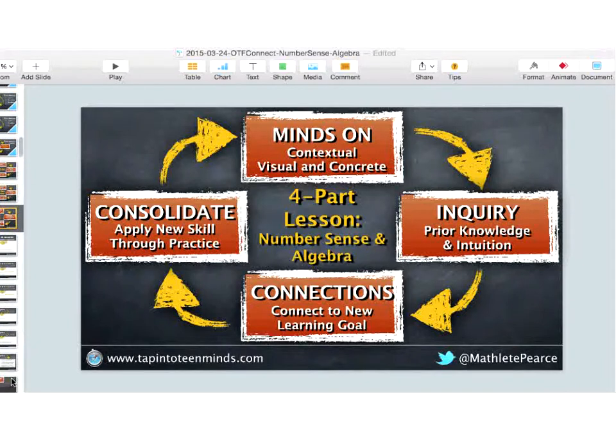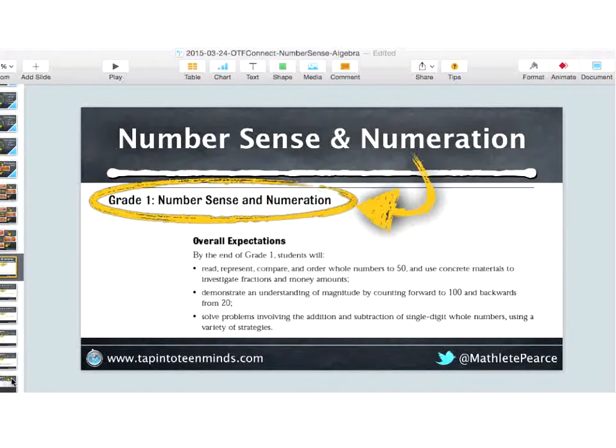Now, I think it's always useful to have a quick chat about where number sense and algebra pop up throughout the curriculum. I'm sure we all realize that number sense comes up very early in grade 1, and I think number sense is happening even before students come into schools.